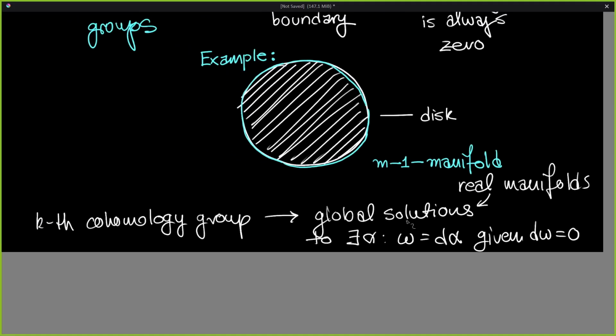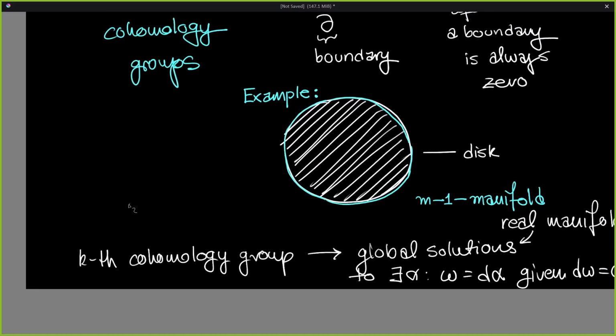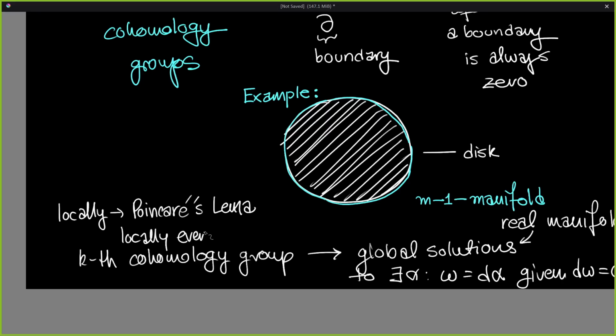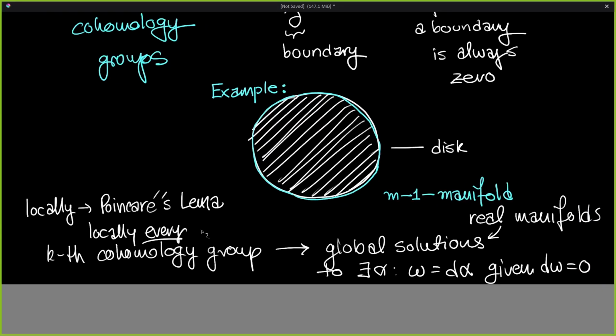The interesting thing about de Rham cohomology, and there's going to be an analog for this in Dolbeault cohomology, is that this is always true locally. Locally, you have something called Poincaré's lemma, which says that locally every closed form is exact.